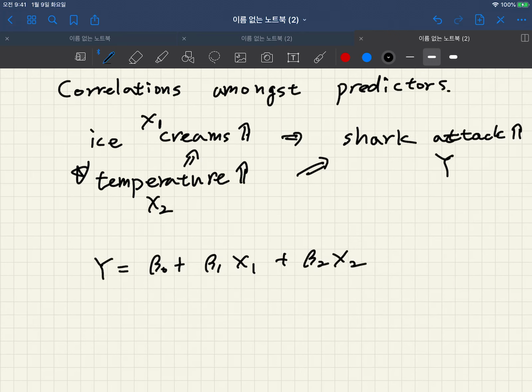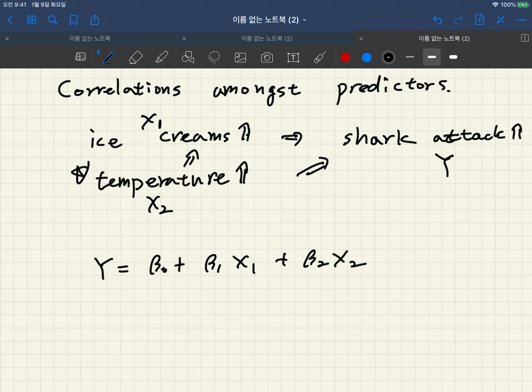We define the RSS function with respect to these three coefficients beta 0, beta 1, beta 2, and then find good beta 0, beta 1, beta 2 by minimizing the RSS function.